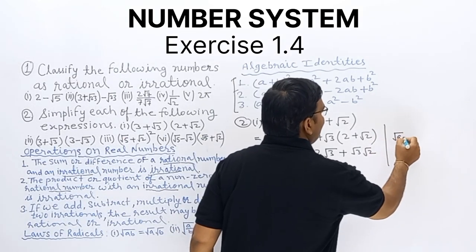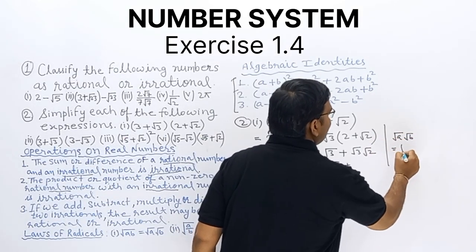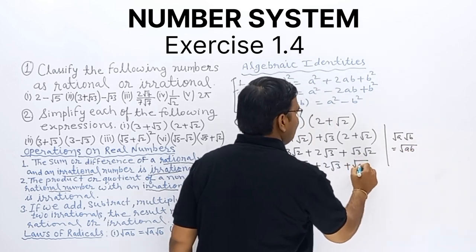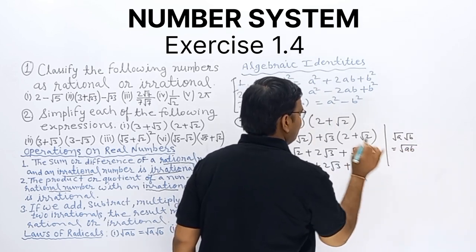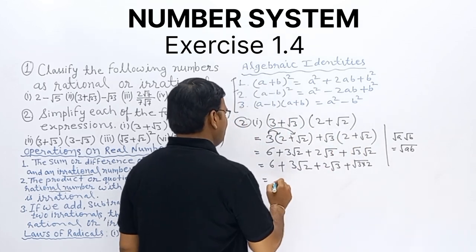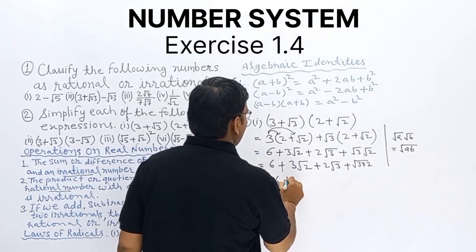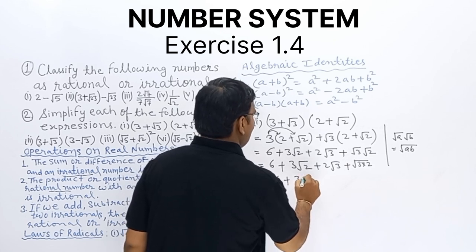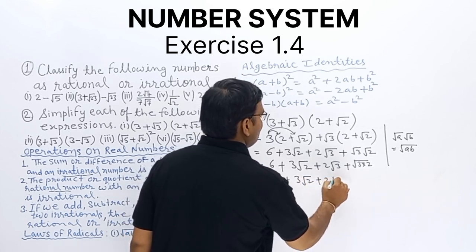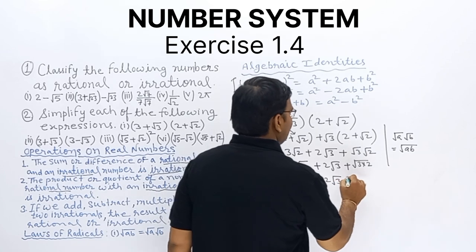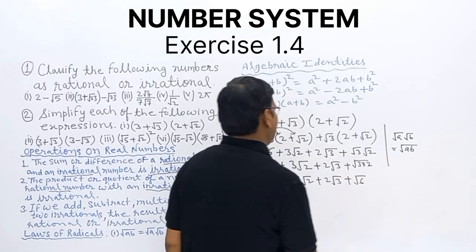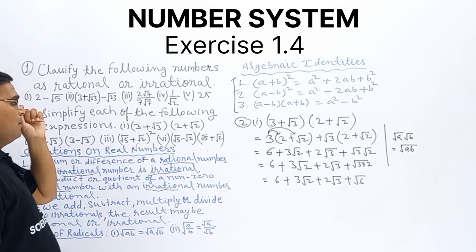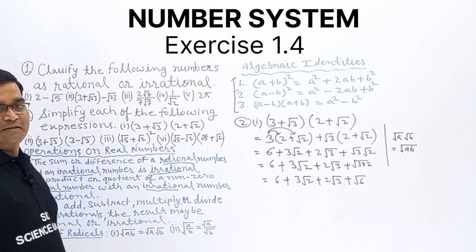Root of a into root of b can be written as root of ab. Here a is 3 and b is 2. So this will be 6 plus 3 root 2 plus 2 root 3 plus root of 6, and this is the solution of this question.